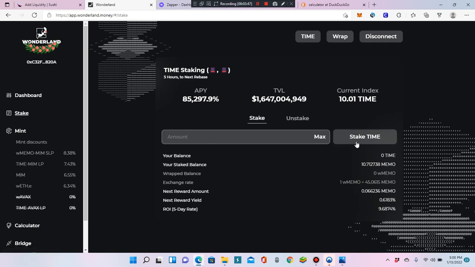I guess I can wrap it all and then swap part of it. Okay, so I'll just wrap it all and then swap part of it in Sushi Swap.